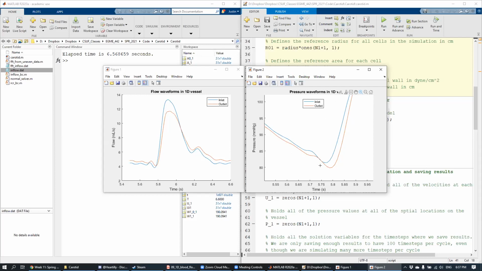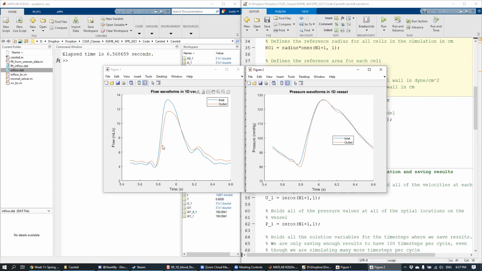And so for the outlet, you can see the pressure waveform is slightly delayed because of the wall deformation and because of the pressure wave propagation, okay? And so that's pretty cool. And so from this 1D simulation, we're able to get this very realistic effect that we wouldn't have gotten otherwise without it. Okay. All right.